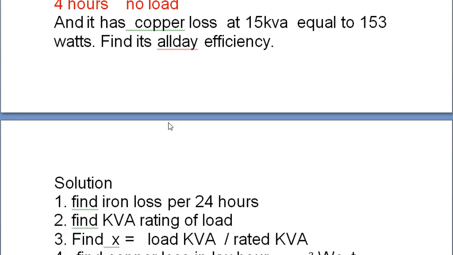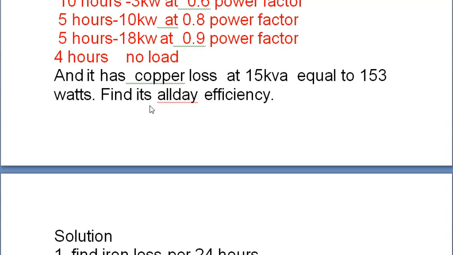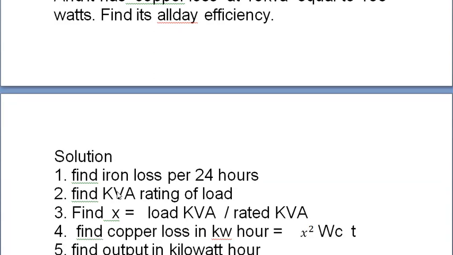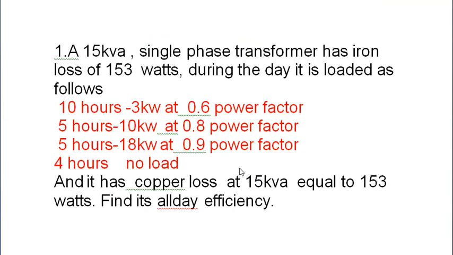Then what is the solution for this problem? Whenever we find a problem like this, if you follow the following steps, then you will automatically get the right answer. First thing is you have to find out what is the iron loss for 24 hours. Here iron loss is given as 153 watts, which means it is per hour, not for 24 hours.